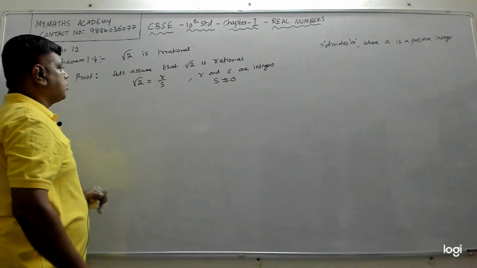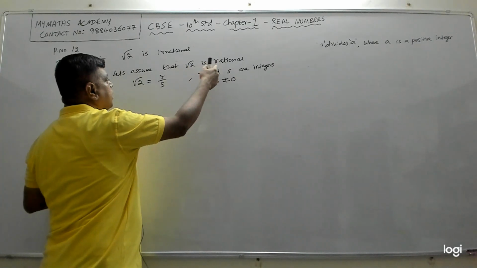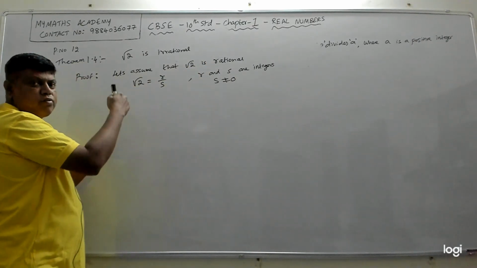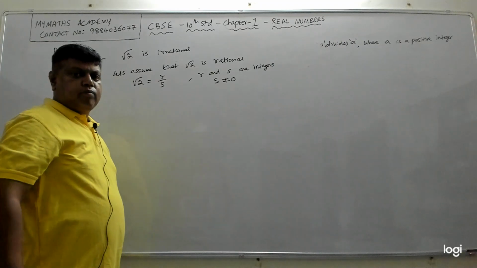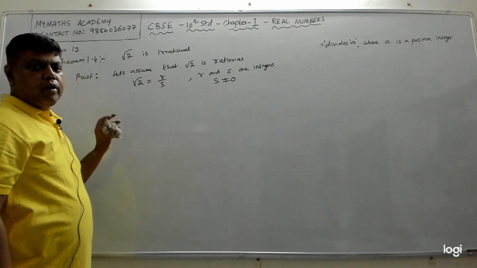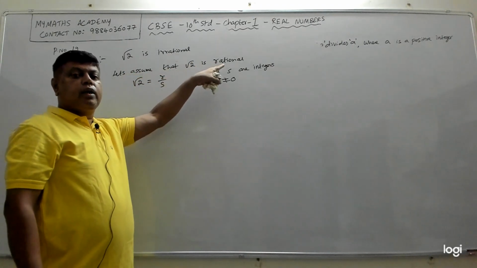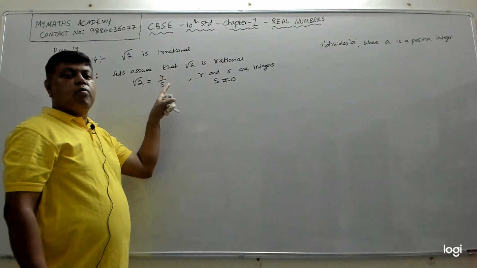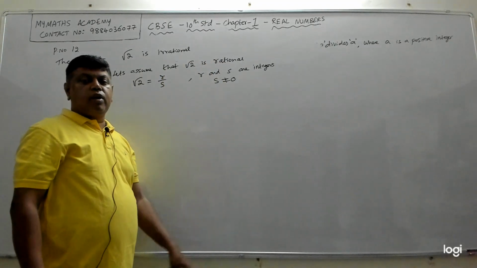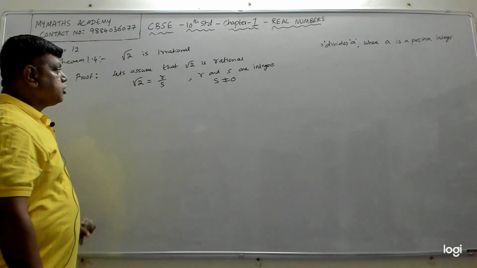This is the definition of a rational number. We have assumed root 2 is rational, which means it can be written as a fraction, some number r by some number s. So it will have some numerator and denominator. Why? Because we have assumed root 2 is rational. Any rational number can be expressed in the form r by s, where r and s are integers and s is not equal to 0.